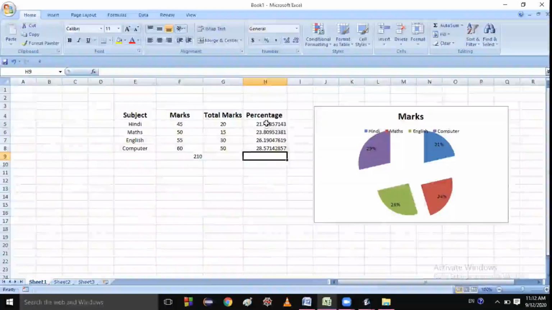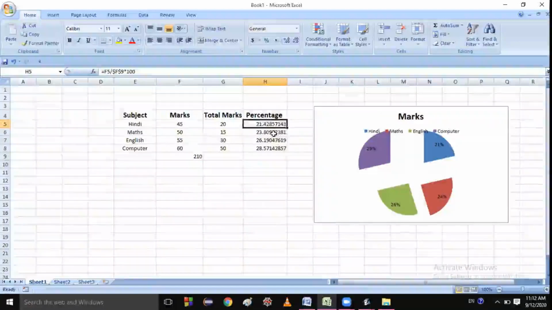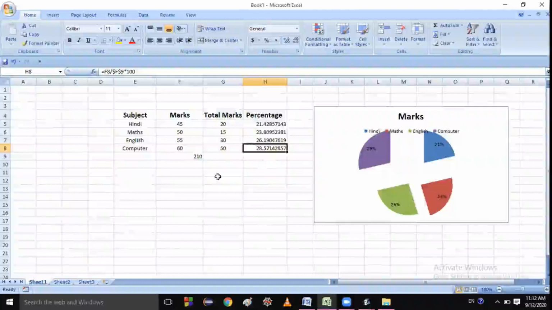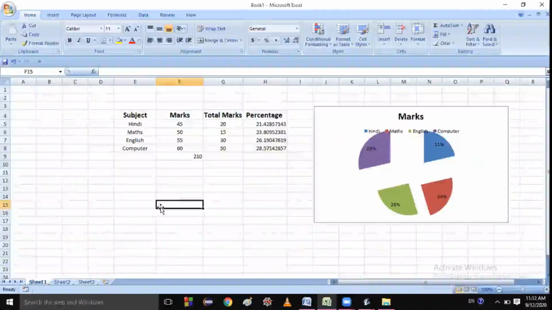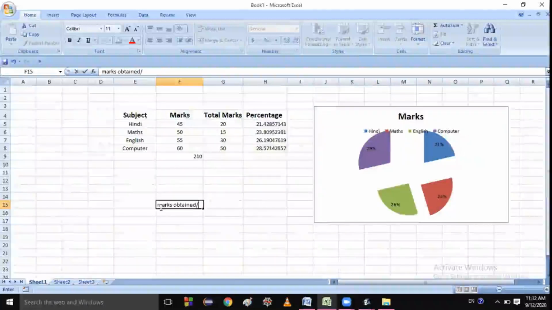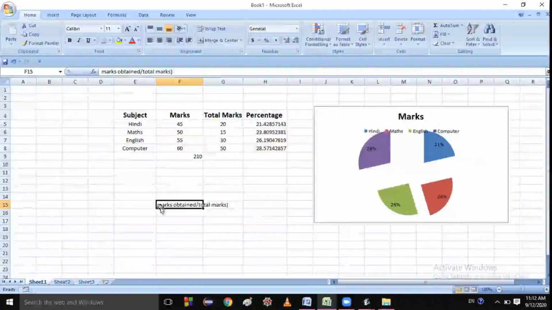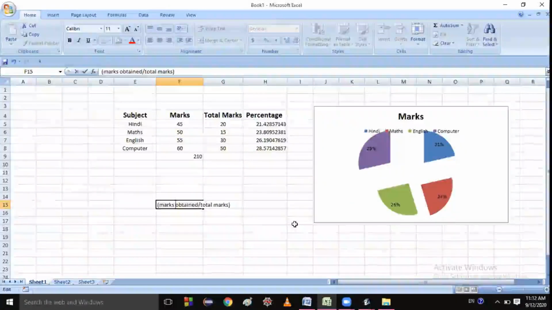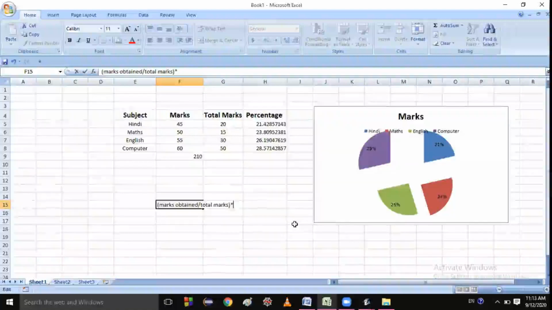Just see here. Basically, I'm making a percentage. So you know how you can write the percentage formula: the marks obtained divided by total marks, and after that the answer will be multiplied by 100.